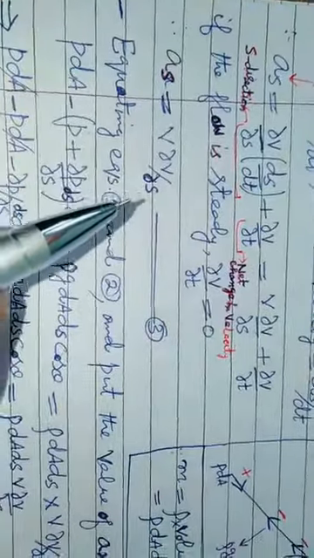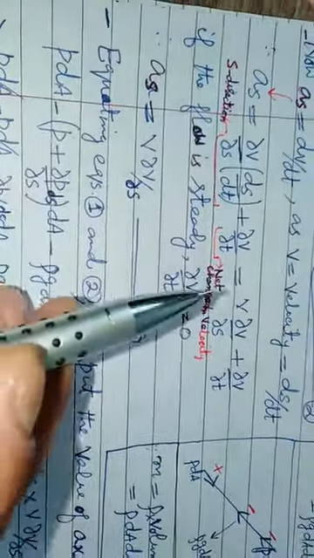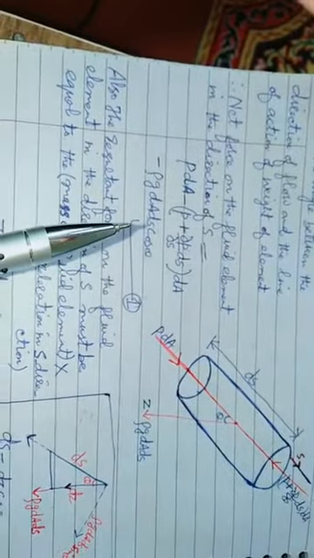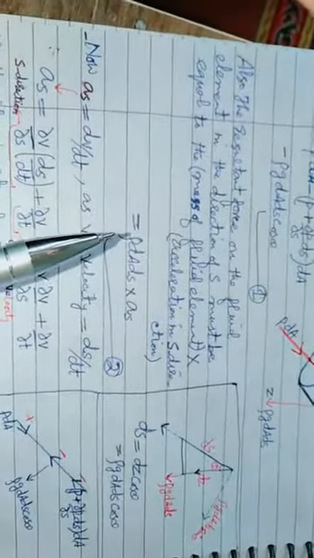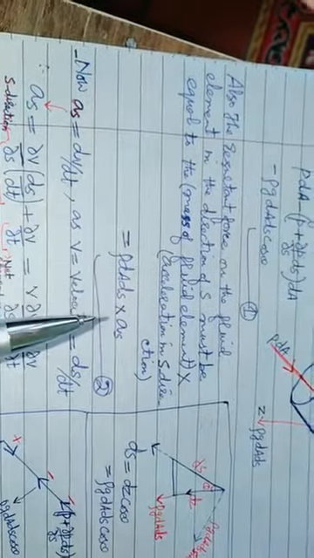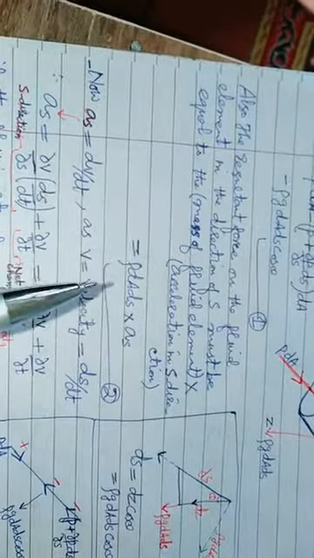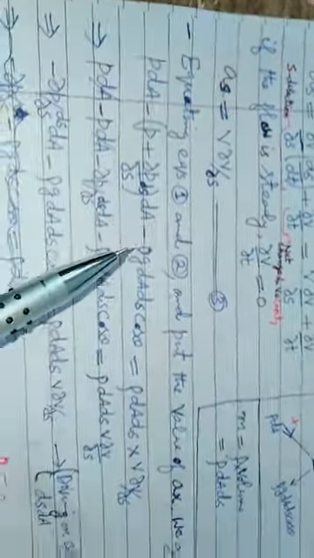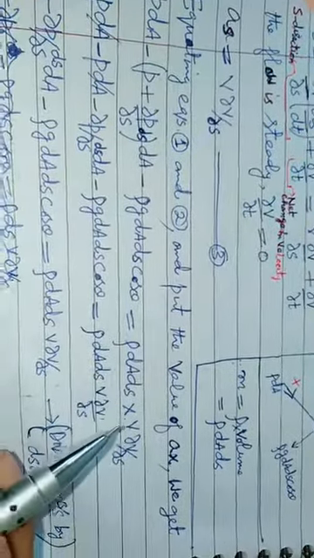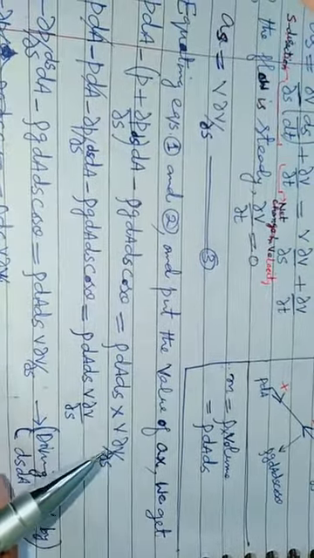Now we first have to equate these two equations, because equation first represents the net force on the fluid element in the s direction, and equation second also represents the net or resultant force on the fluid element along the s direction. So equation first can be equated to equation second, and we put the value of as in this equation, v into dv by ds.